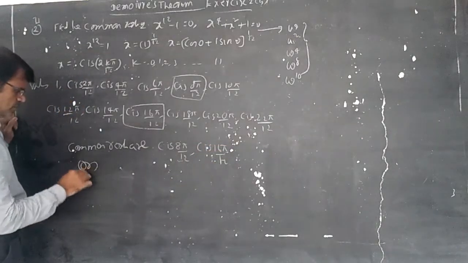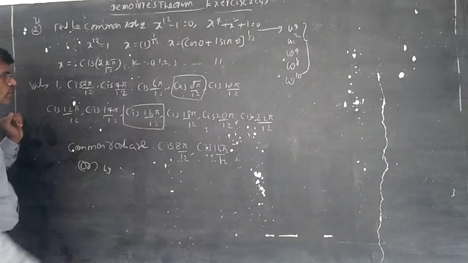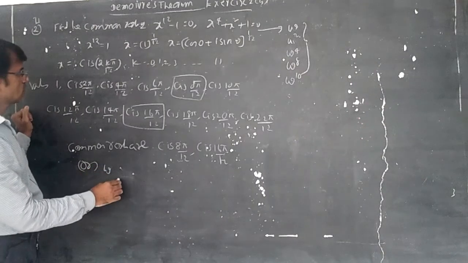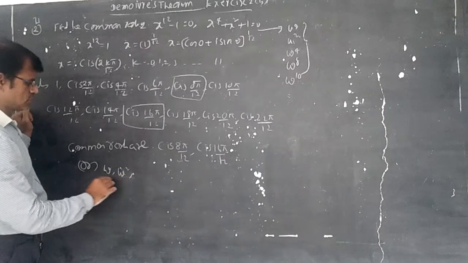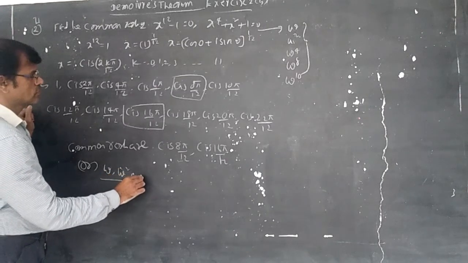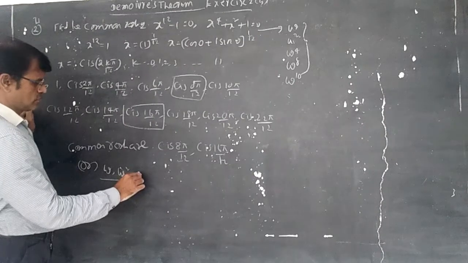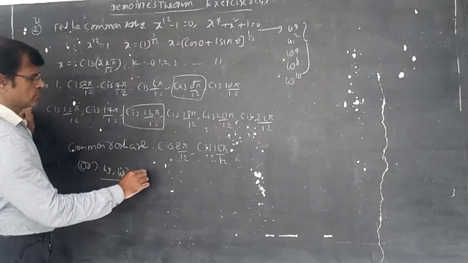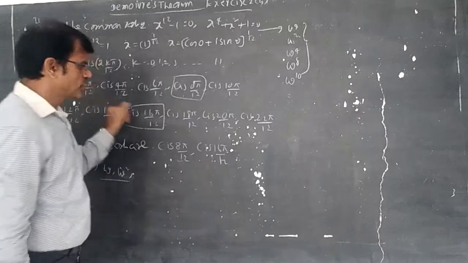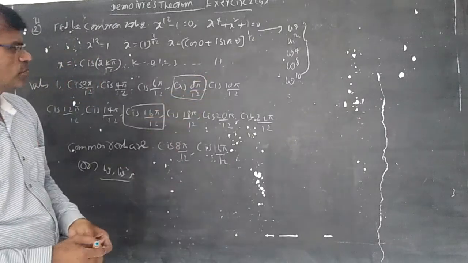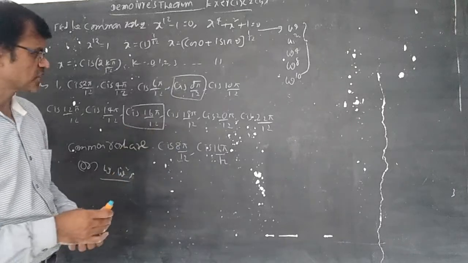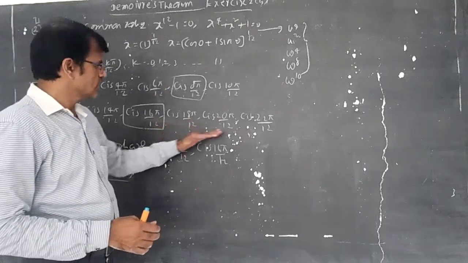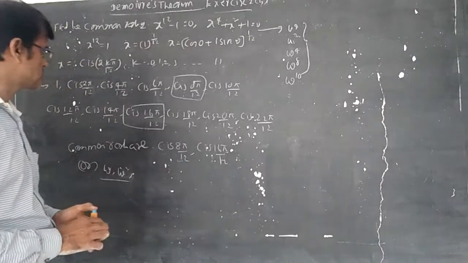Or omega square, enough. If we take this one until here, we got omega power 10, it's okay. Of course, plenty of roots we can handle, but until here only the values exist.